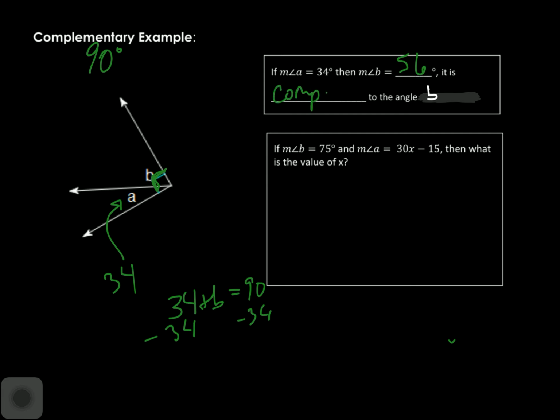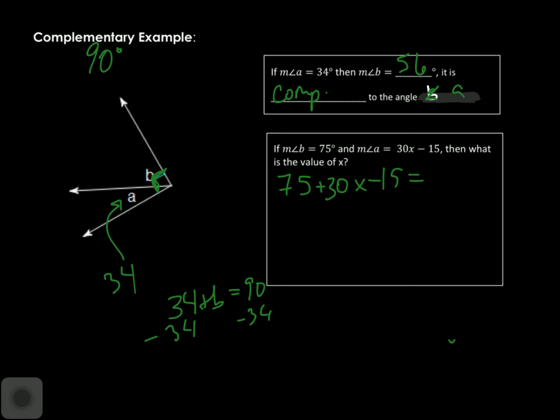Quick one step, just subtract 34 from both sides, and we're going to get 56 for the measure of angle B. We know this because it is complementary to angle A. I'm sorry, that should say angle A.